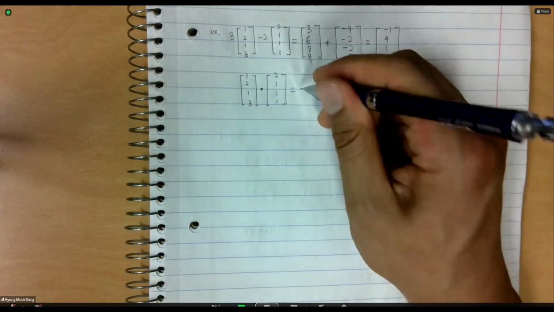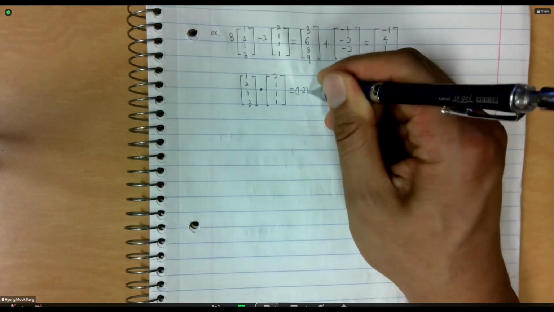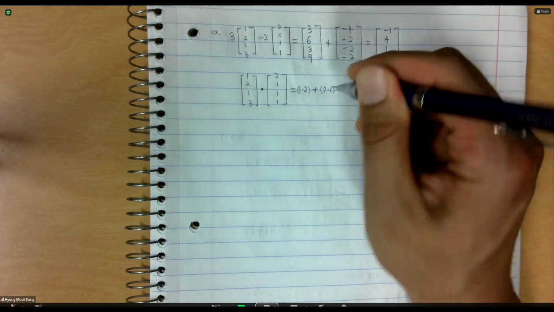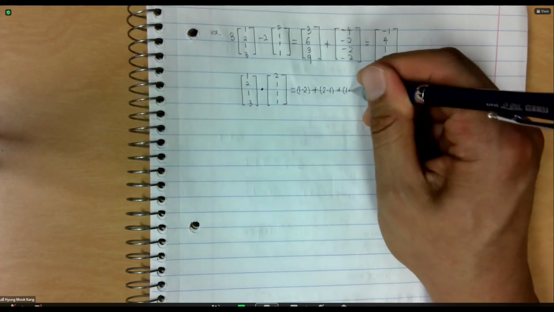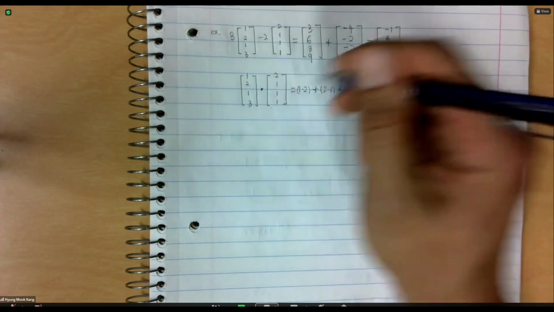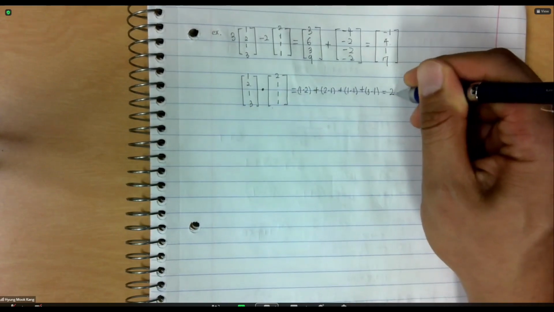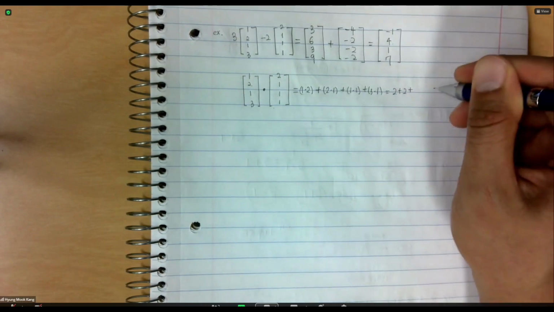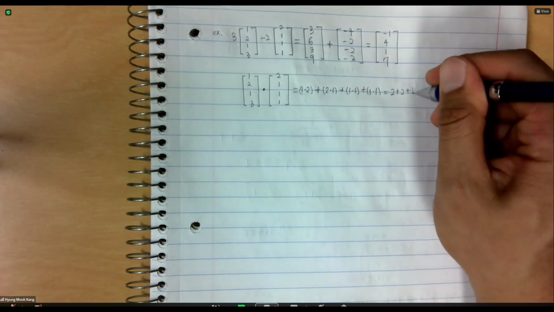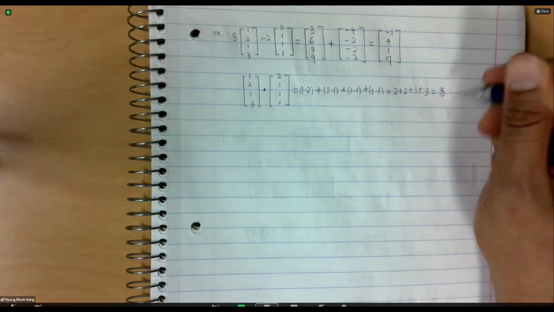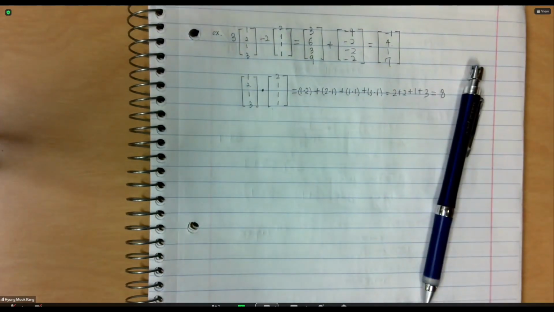So 1 times 2, 2 times 1, 1 times 1, and 3 times 1. This becomes 2 plus 2 plus 1 plus 3, so it becomes 8.